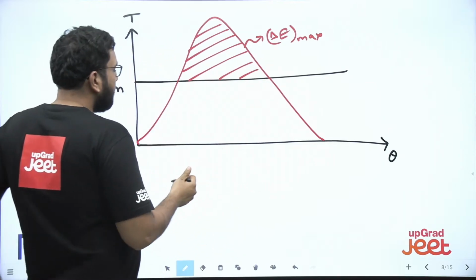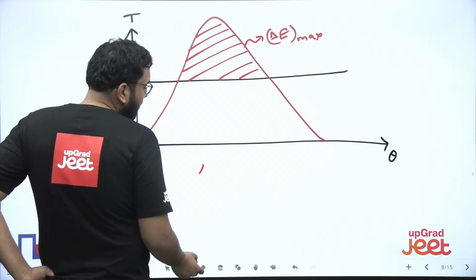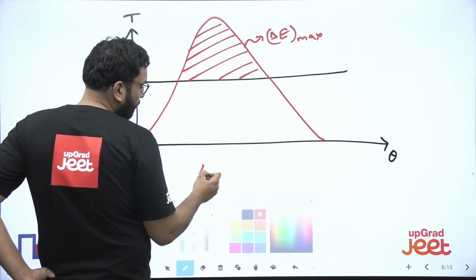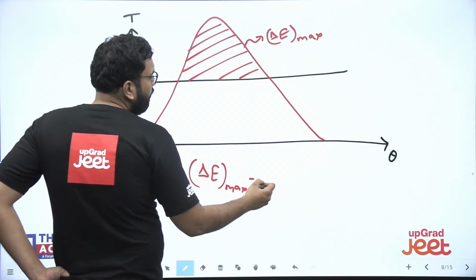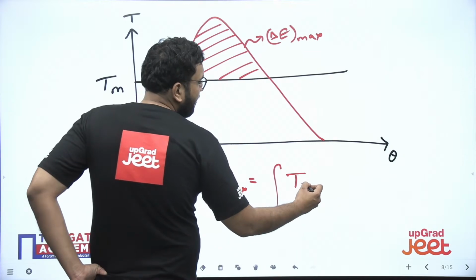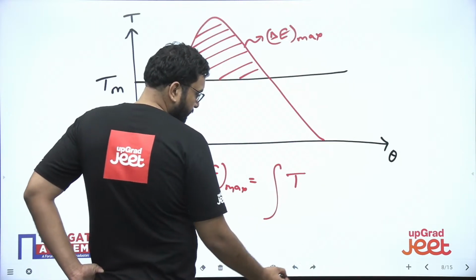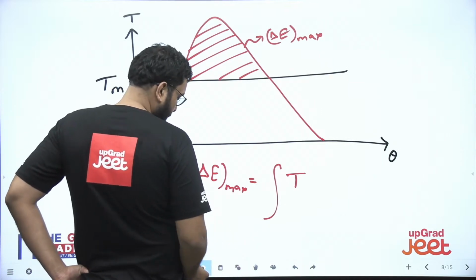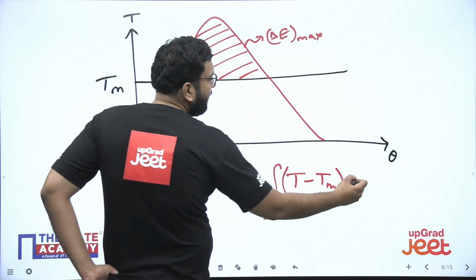So when we are integrating to find the delta E max, we need to integrate T minus T mean. We need to first of all integrate this.